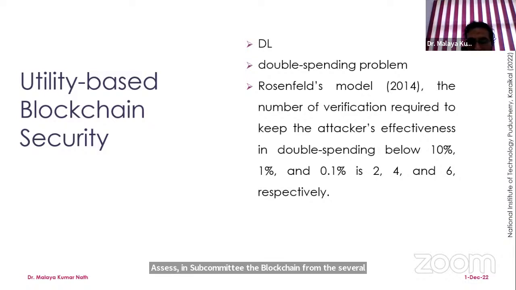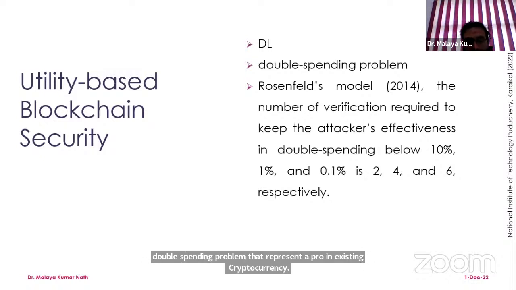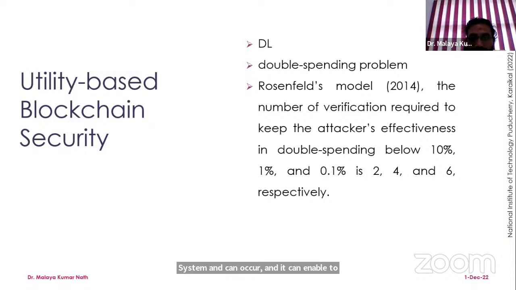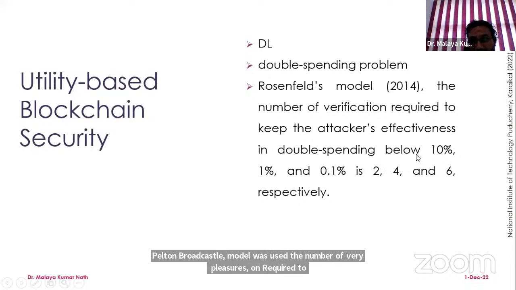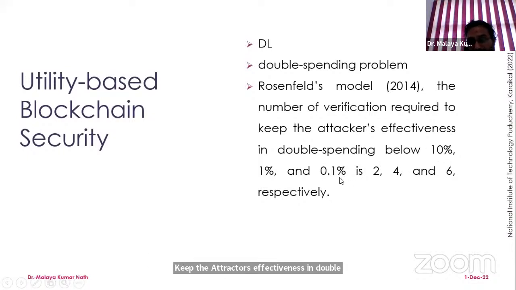The double spending problem represents a flaw in existing cryptocurrency systems, and it can enable a user to spend the same token two times. The Rosenfeld model, developed by Rosenfeld in 2000, was used. The number of verifications required to keep the attacker's effectiveness in double spending below 10%, 1% or 0.1% is 2, 4 and 6 respectively.